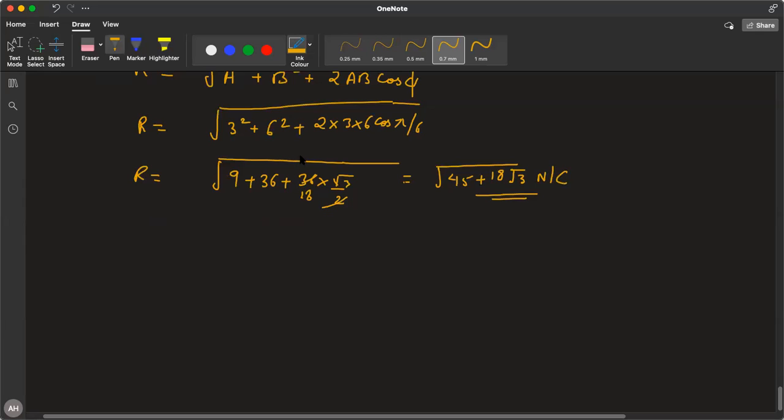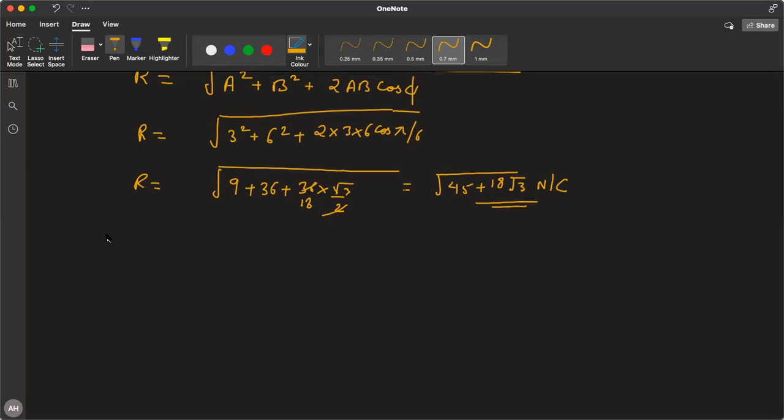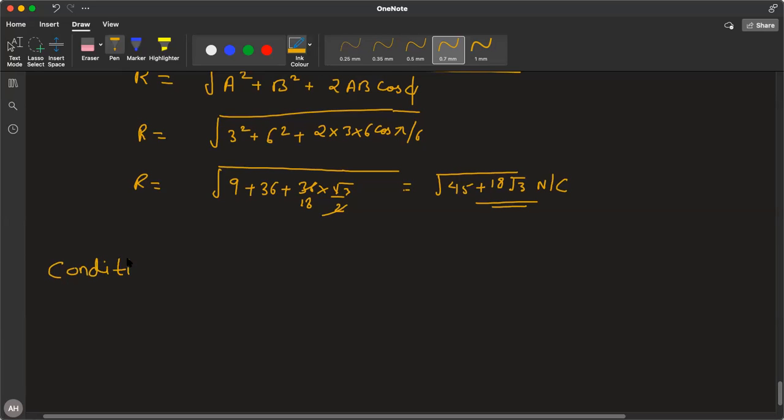So this is how we can calculate the amplitude. Now, next we have to calculate the condition for maximum amplitude and minimum amplitude. So now we have to derive the condition for maxima or bright fringe.